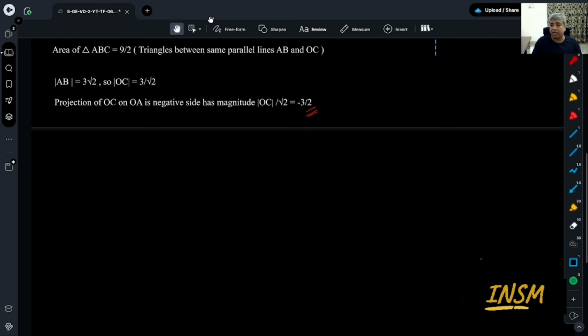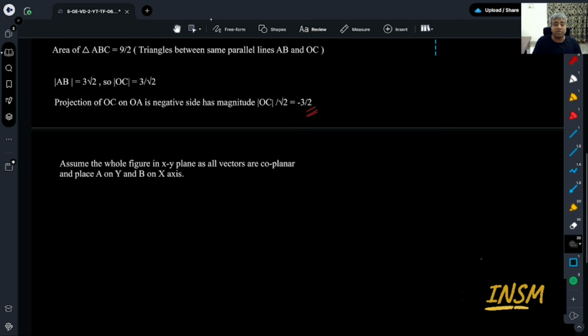It's just a little bit lengthy, that's all. But since all the vectors given to us are coplanar, we assume all the vectors in the xy plane.